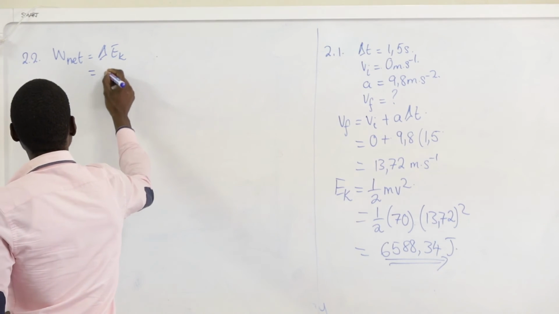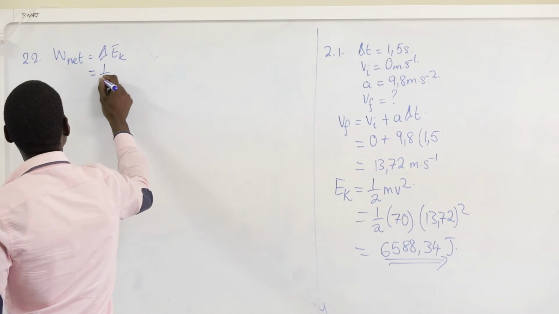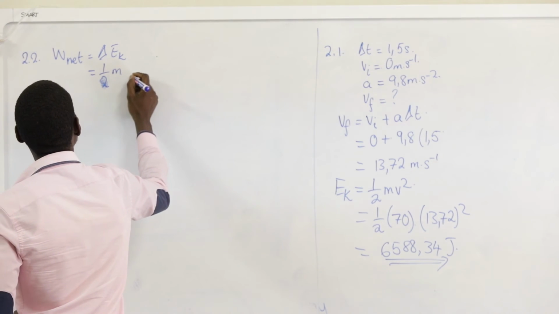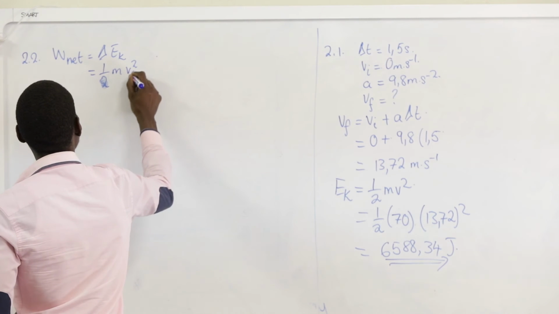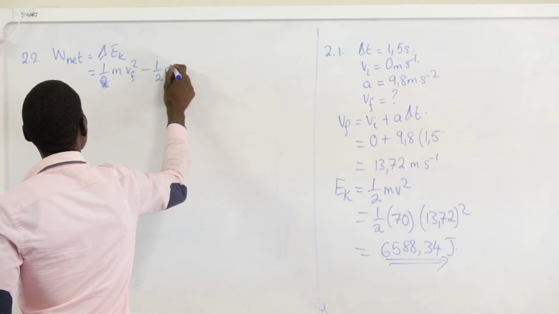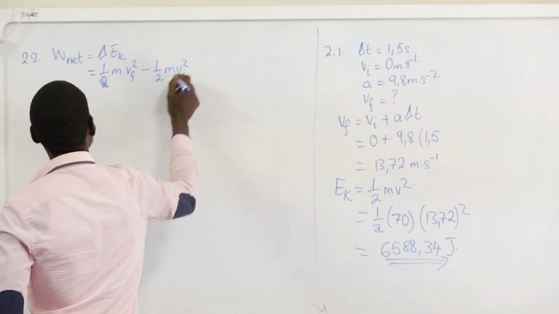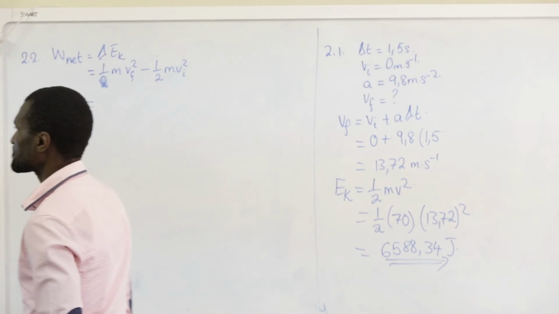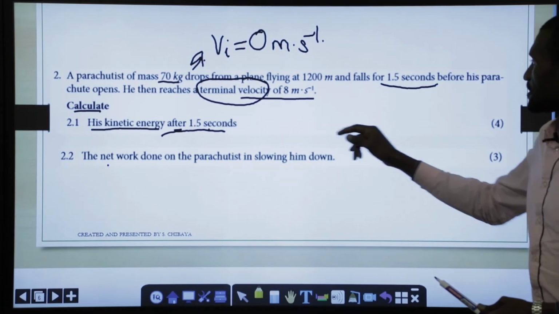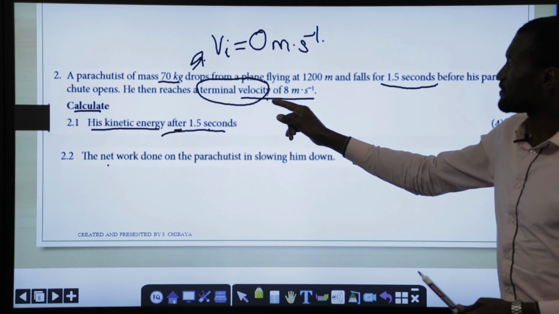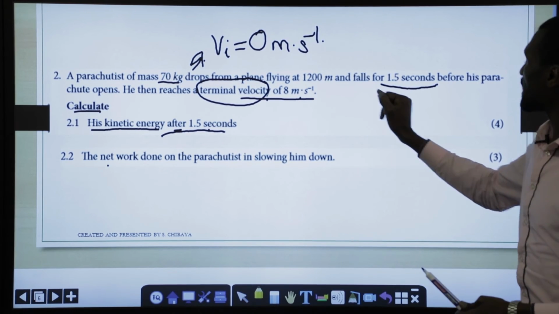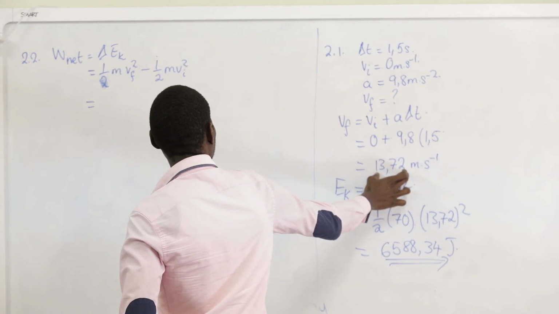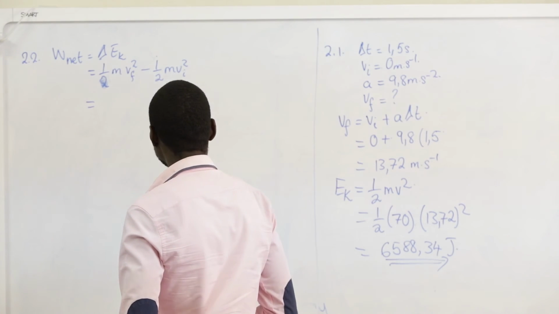Change in EK is half m v squared final minus half m v squared initial, right? So he slows down when he reaches the terminal velocity of 8 meters per second after he opens his chute, where his velocity had been 13.72.